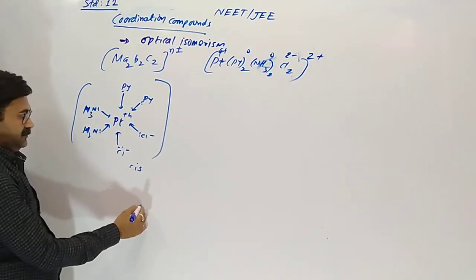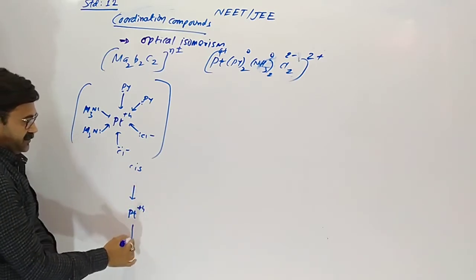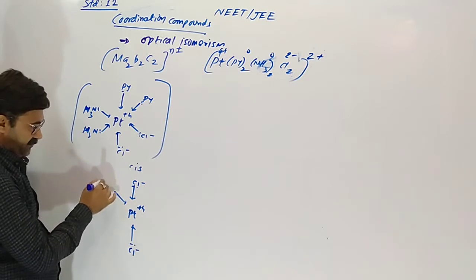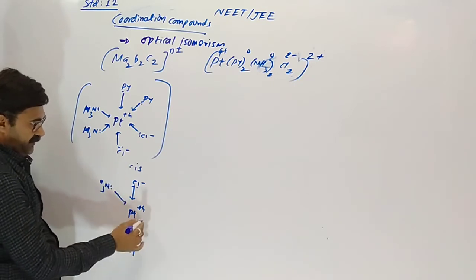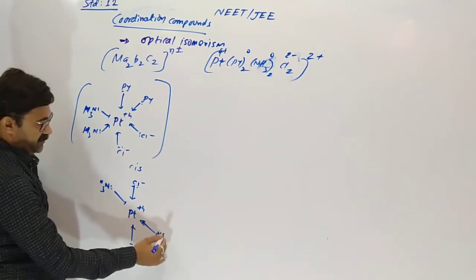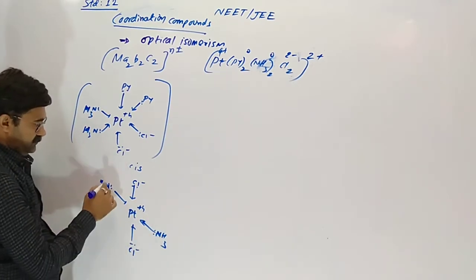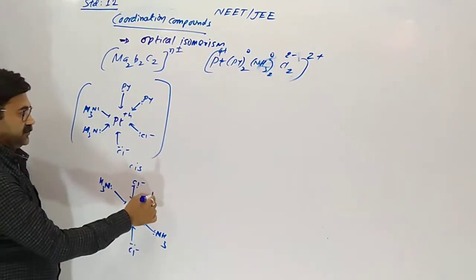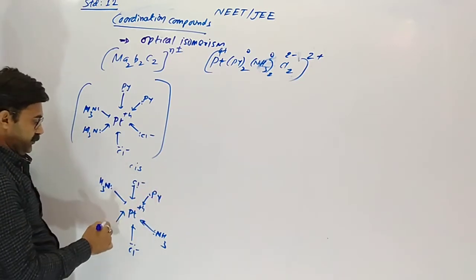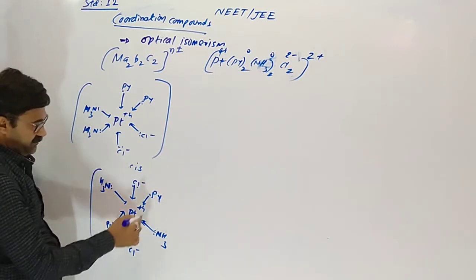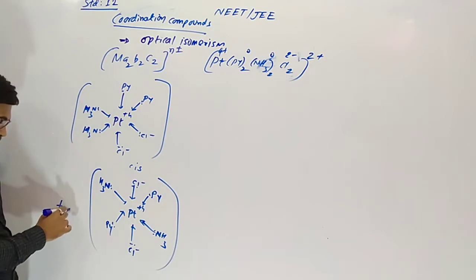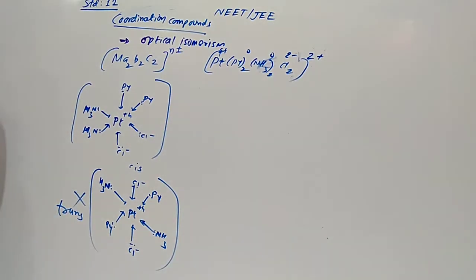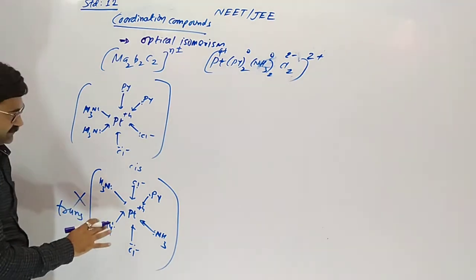And now this one also gives trans. Suppose 2 chlorido are opposite to each other, 2 amines opposite to each other, and 2 pyridine are opposite to each other. So this is trans. So we know trans is not optically active.